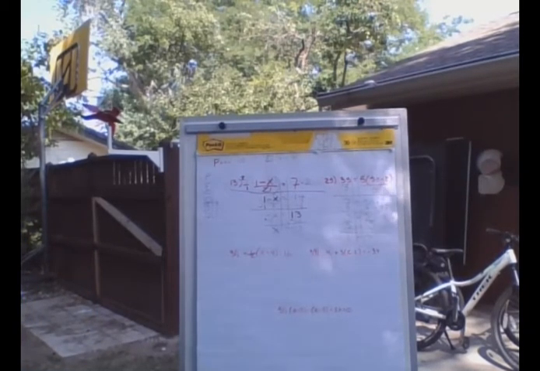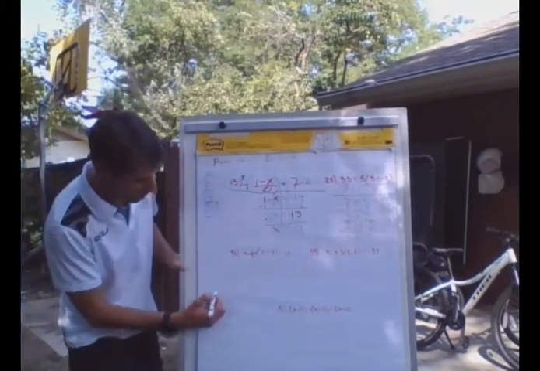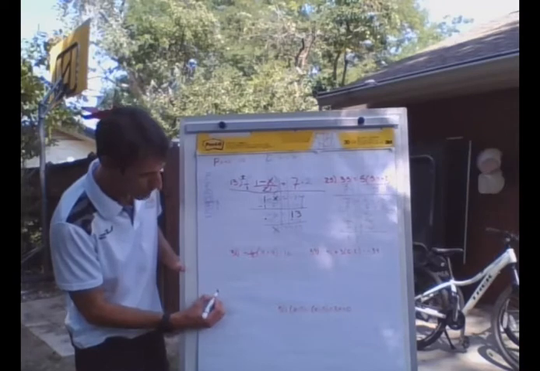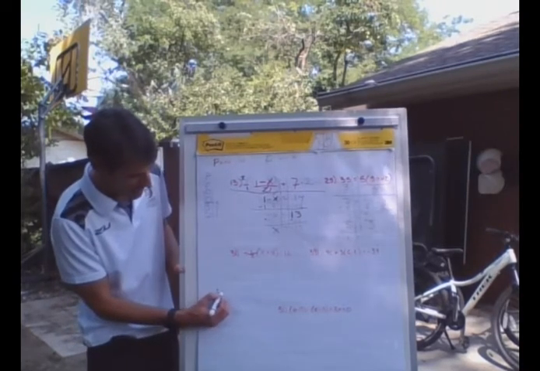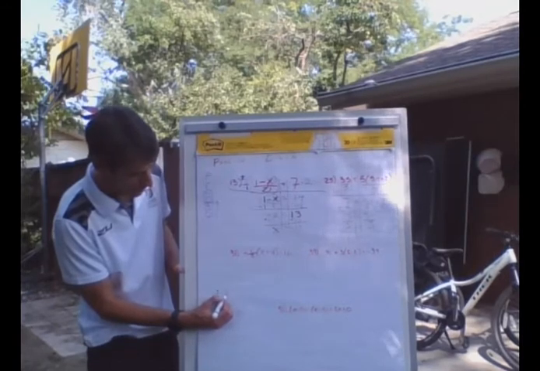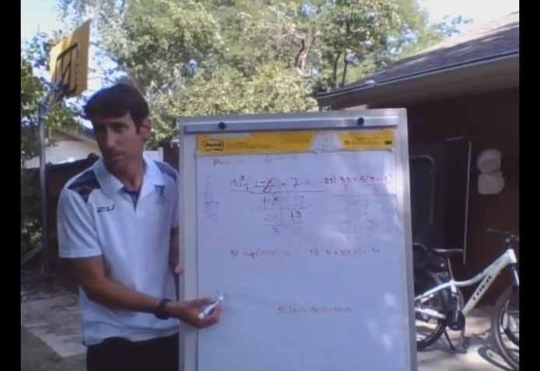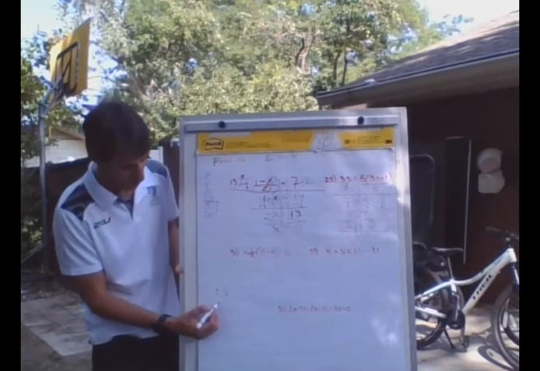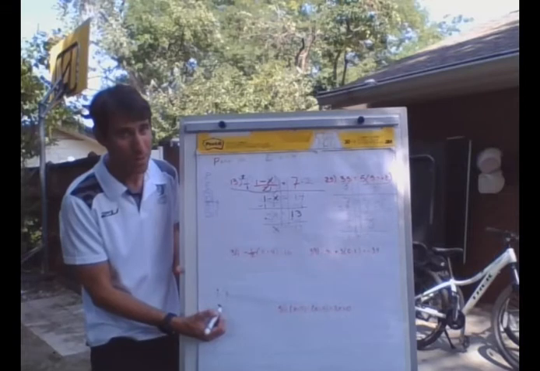So if we're going to divide by -1/2, if we divide by a fraction, how do we do that? You multiply by the, what's it called? The flip version. Yeah. Multiply by the reciprocal.